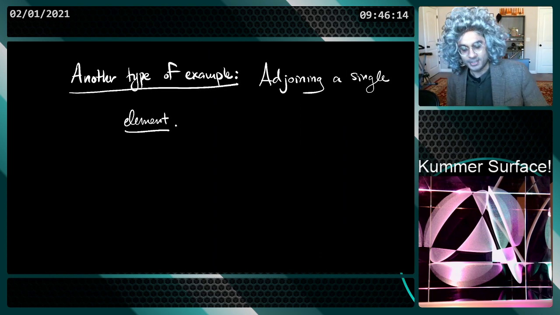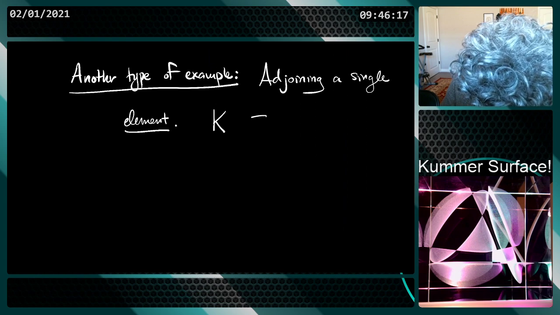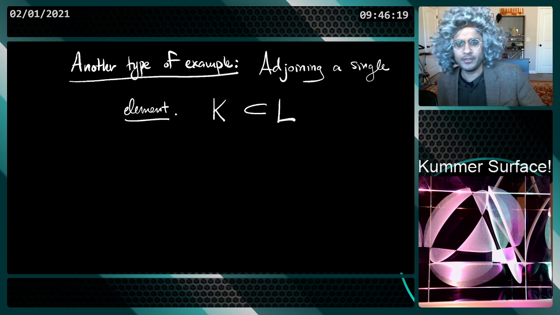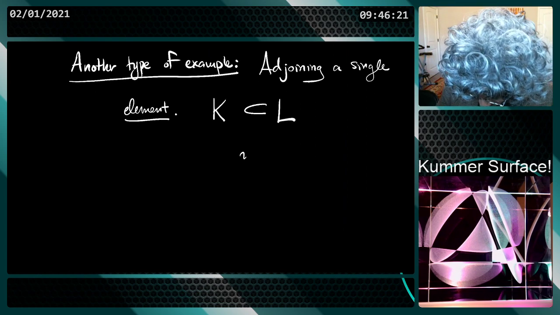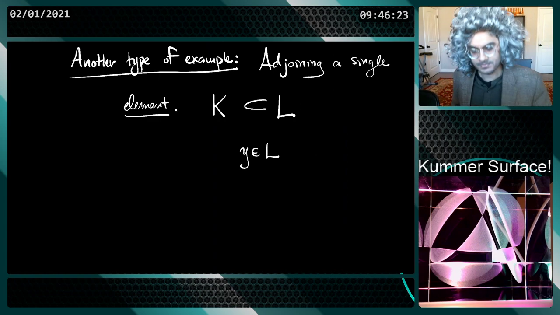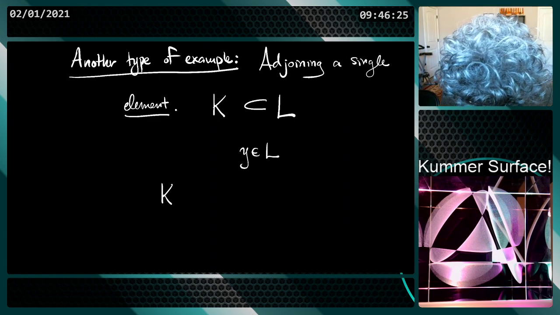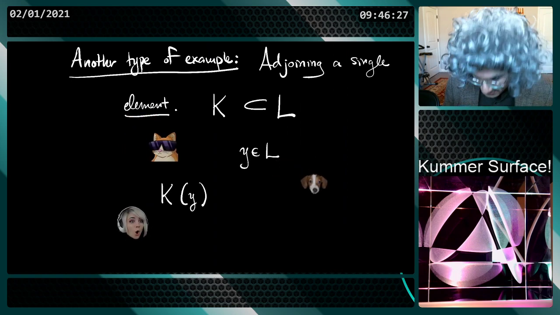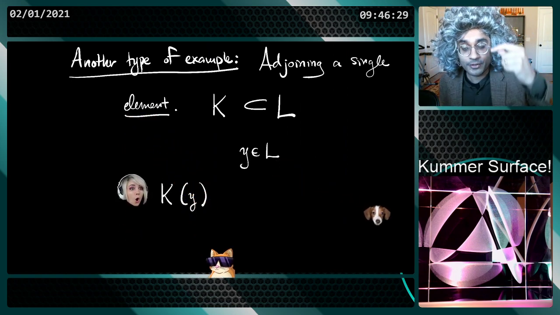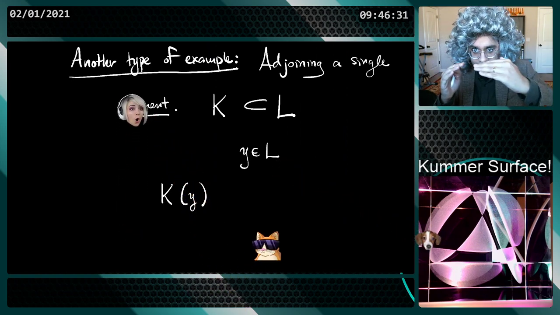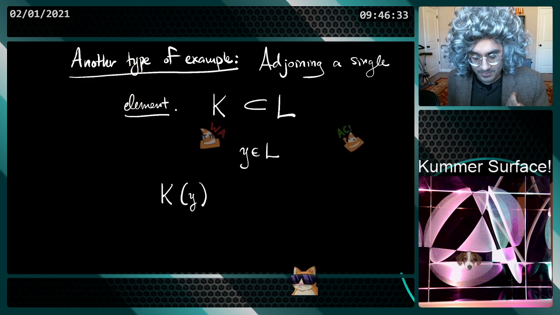All right? So if you have a field extension, and if you take just a single element, then we write simply K adjoin Y for the smallest intermediate field that contains Y, right?